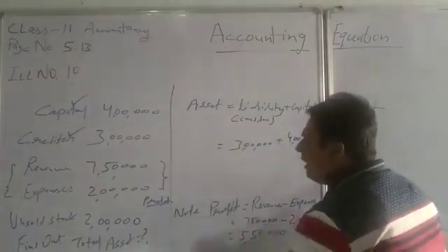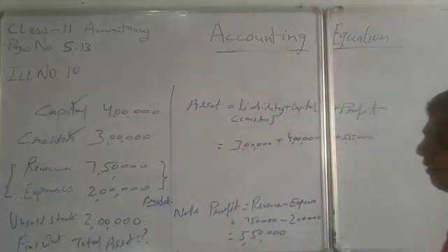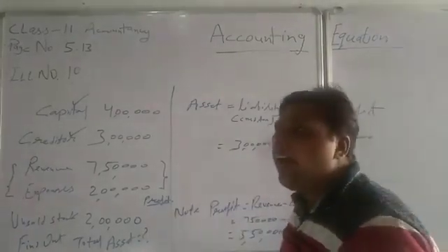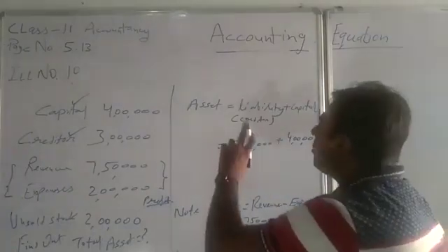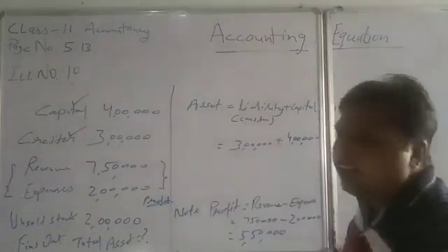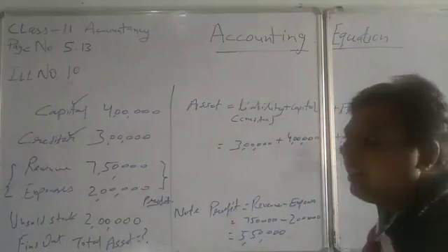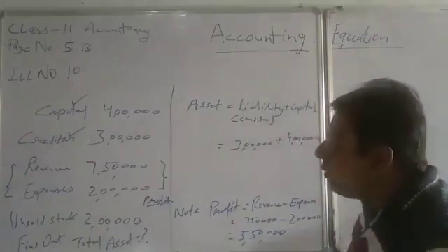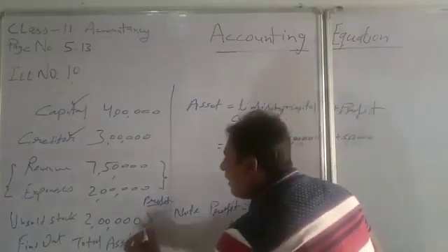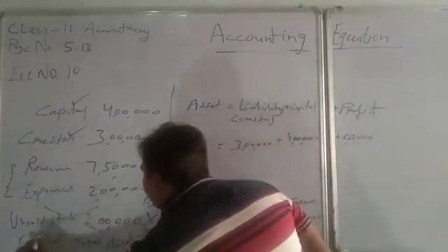Okay, now unsold stock, will it be added? This stock is already added when we purchased the goods. At that time it has already come in creditor, or the stock is already put in. So no need to write it again. So it will not come again.